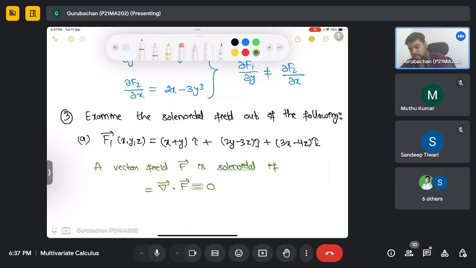We can say that the divergence of this vector field is 0. So is the divergence of a vector field a scalar quantity or a vector quantity? First of all, tell me that.